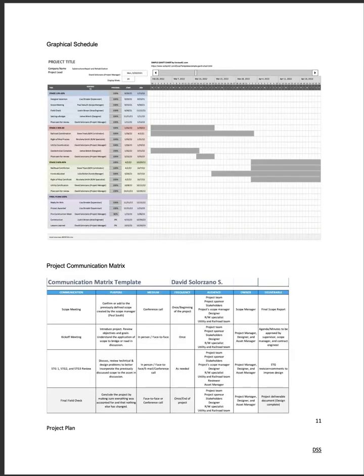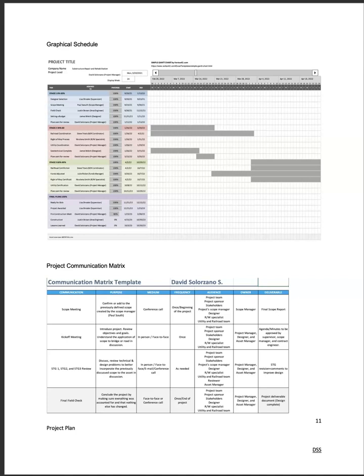To finalize this presentation, I would like to bring up the graphical schedule, or the schedule, and also the communication matrix. The schedule helps us determine the duration of the project, and a good way for us to measure the progress based on this.